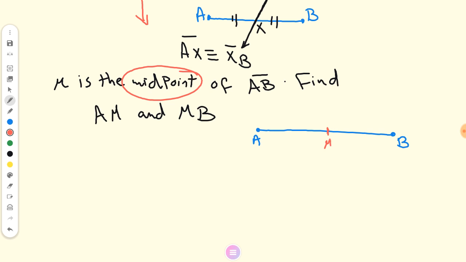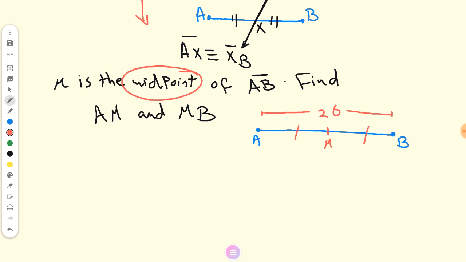The length of that line segment is 26. Find AM and MB. Guys, he said M is the midpoint. That means the point M divides the line segment AB into two congruent parts.